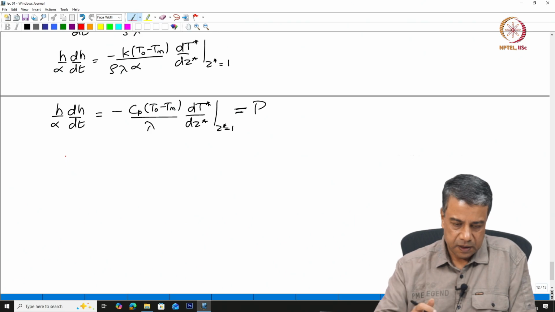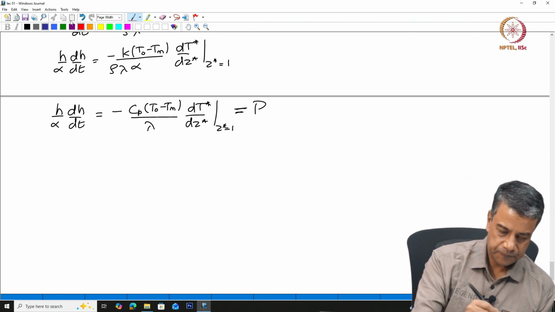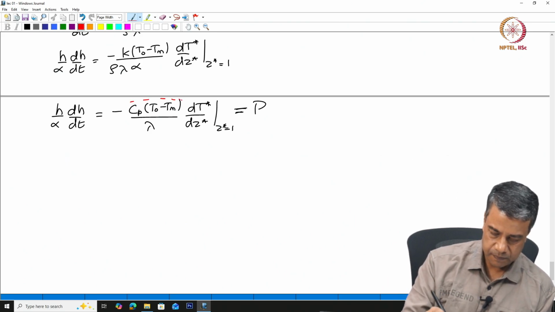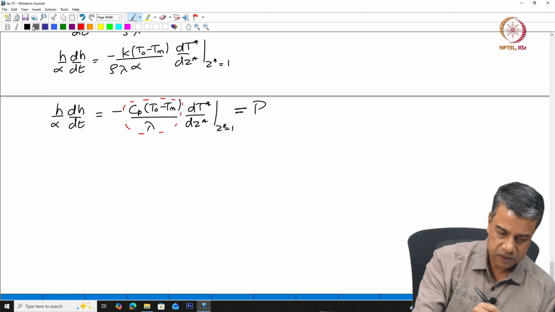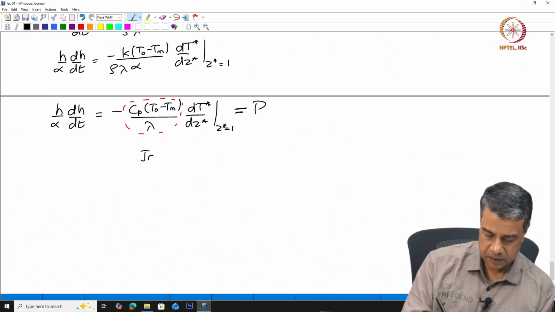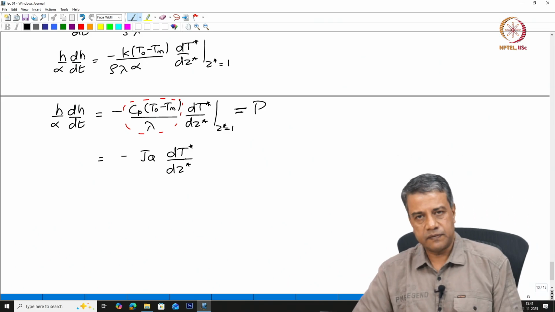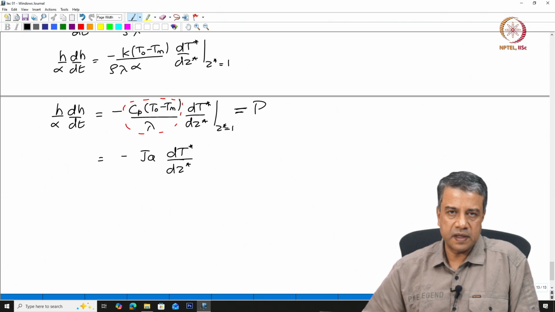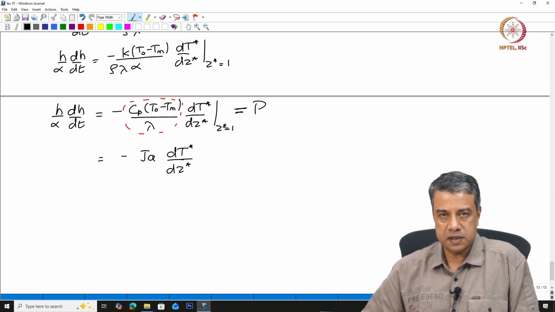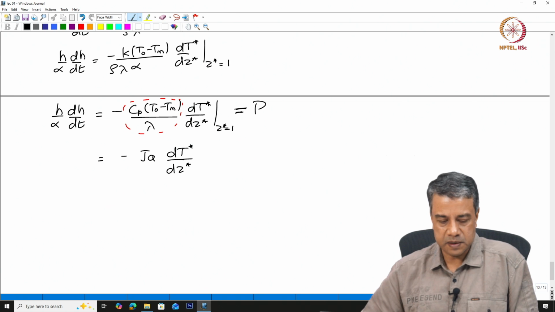This number goes by the name of the Jacob number. Specific heat times temperature difference divided by latent heat. Specific heat is energy per unit mass per unit temperature, multiplied by temperature difference, divided by latent heat, energy per unit mass.